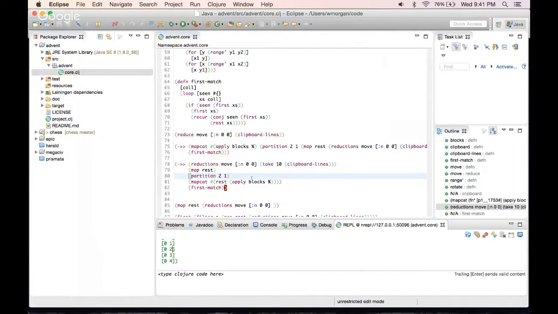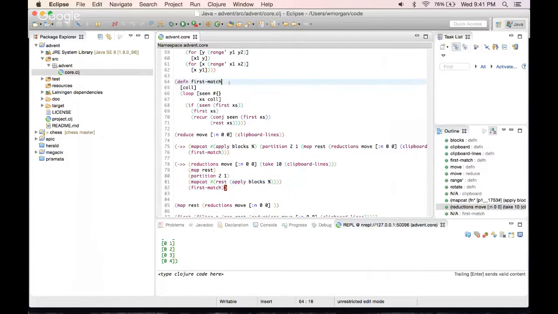Then I wrote a really quick first match function here. I don't know if there's a more idiomatic way to do this than to write my own loop. My first approach was to do it in 2 passes: get a frequency map of all the locations, find all the locations with a frequency of more than 1, and use that as a filter over all of the blocks that have been seen.